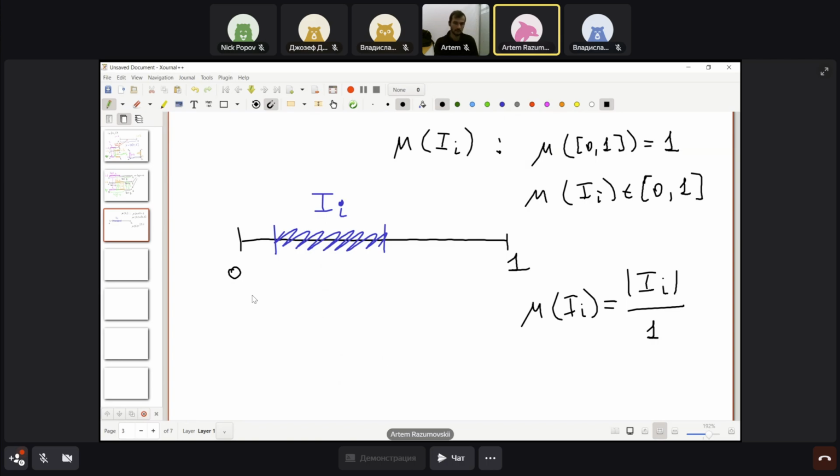Did you get it? Firstly you take the measure of the interval like a distance, a standard one: what is the interval from A to B, right? And then you divide it by the whole interval, so it's B minus A over 1.